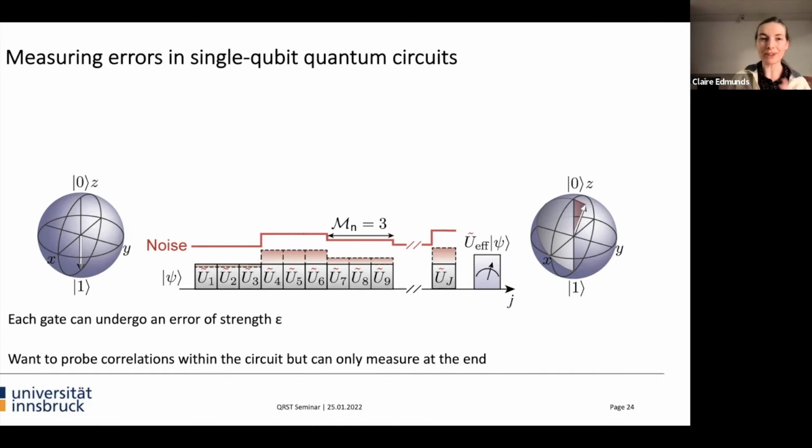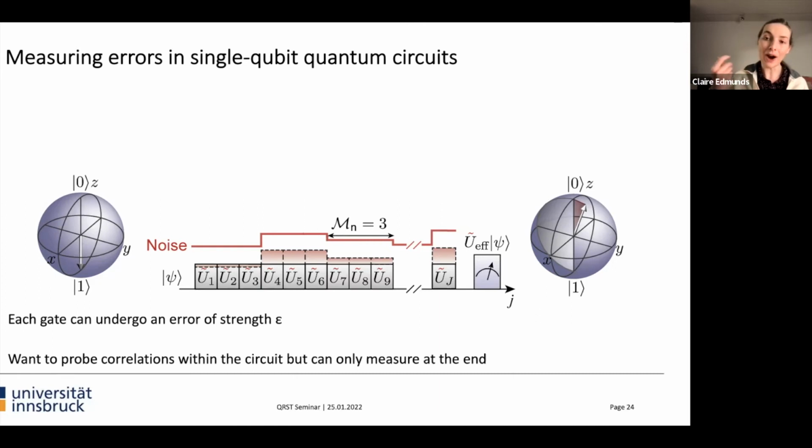So for this project, we're going to consider a single qubit quantum circuit, like you can see on the screen. It's going to be built up with some series of gates. And in general, there's going to be some sort of noise happening. This can be in the lab, on the laser, it can be anything. The noise is going to create errors, and these errors will have some correlation length.